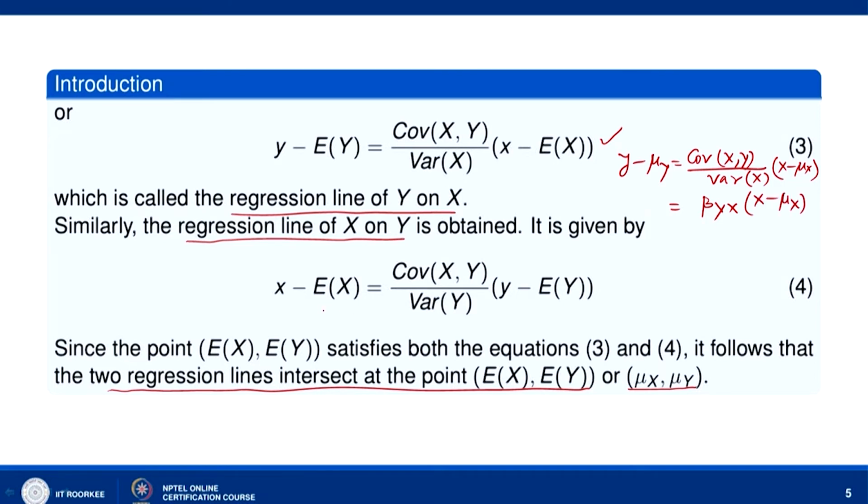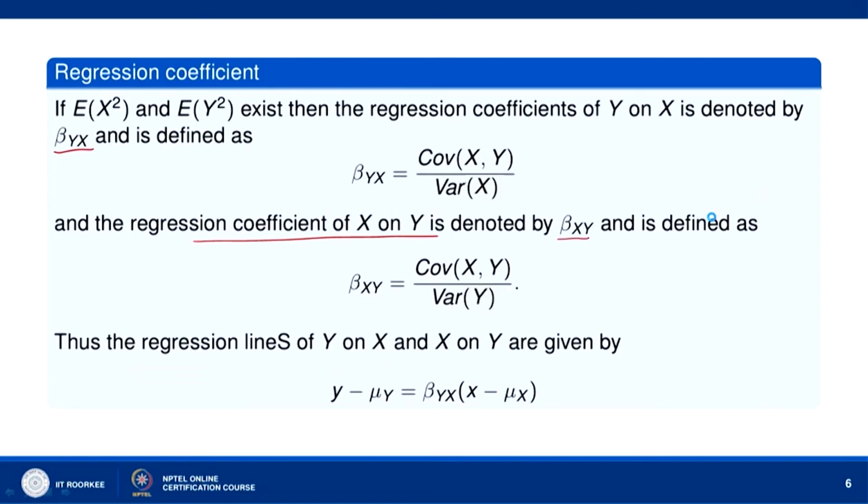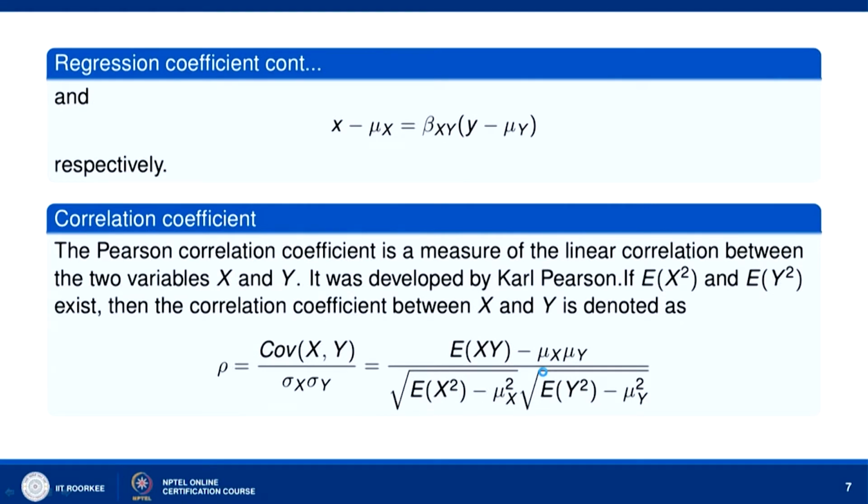And the regression line of x on y can be written as x minus mu x equal to beta x y into y minus mu y. So, using the notations for the regression coefficients of y on x and x on y, we can write the two regression lines in this manner.